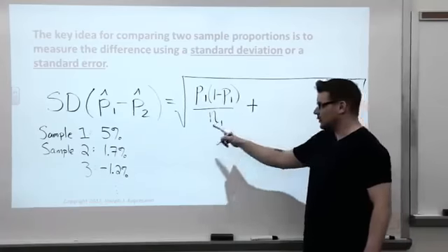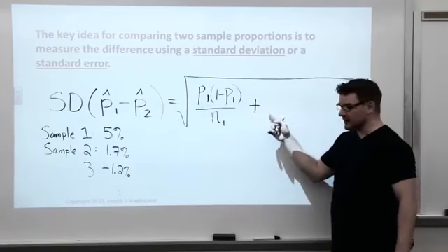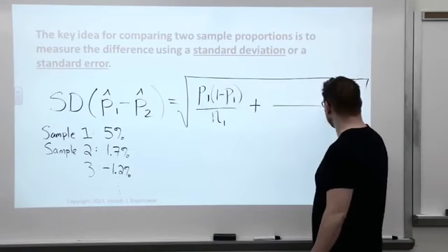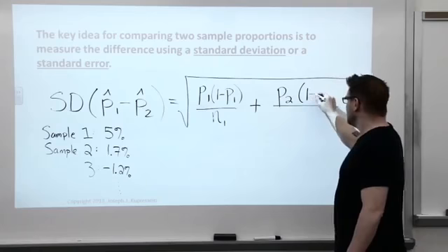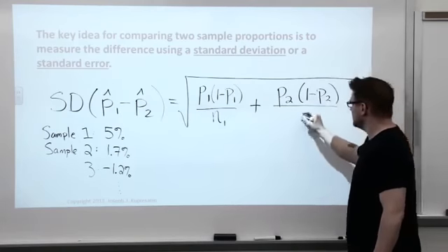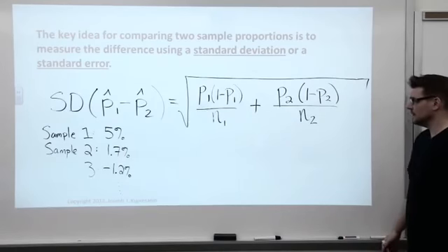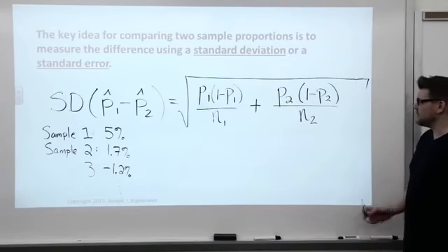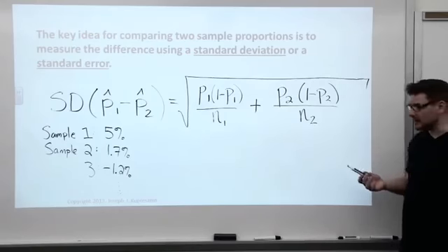It is correct. I know we're taking the standard deviation of a difference, but I do add them here, and I'll give you a word about that in a second. And then over here, P2 times 1 minus P2, all over N2. You can handle this. It's just doing the thing you know how to do twice, adding up the results.